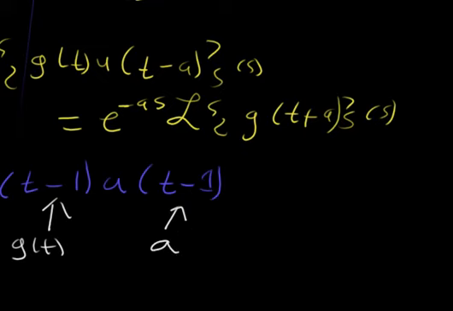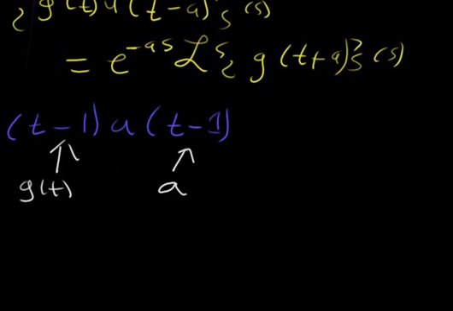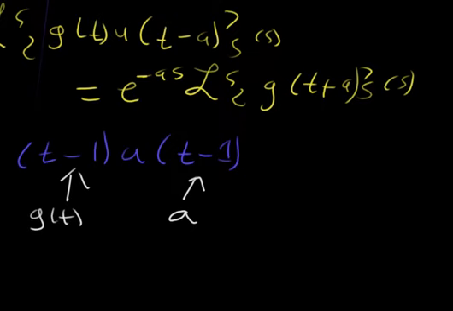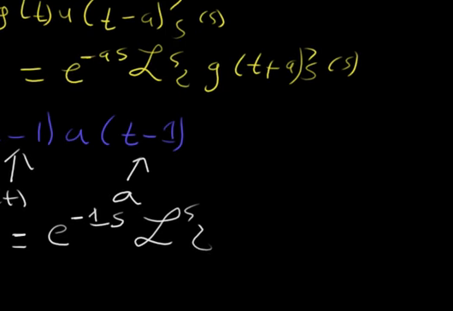Looking at the formula, you just plug this in. You get negative e, what's the a? Negative 1, okay, s, the Laplace transform of g of t plus a, right?